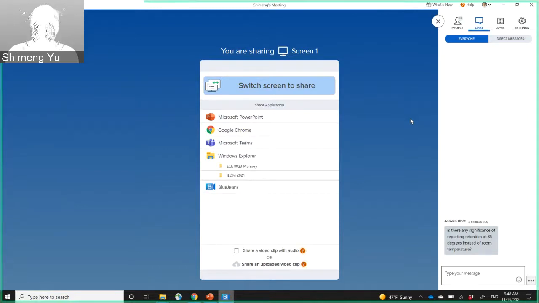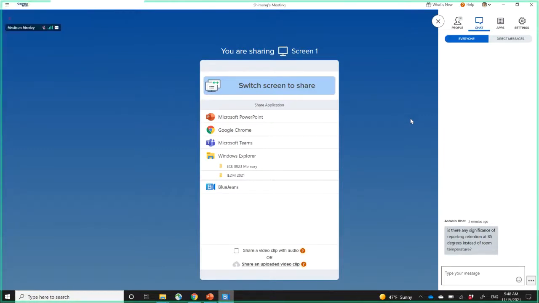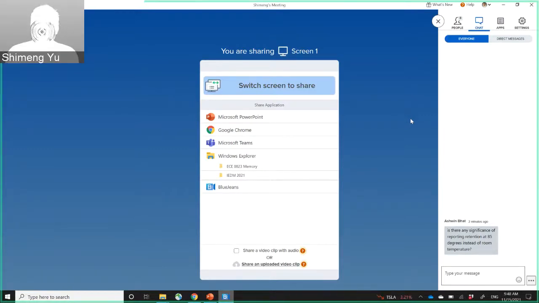Right? So when you operate your chip, you have self-heating, and you have to make sure the device can sustain the retention at a higher temperature of 85 degrees. So this is a conservative design spec.